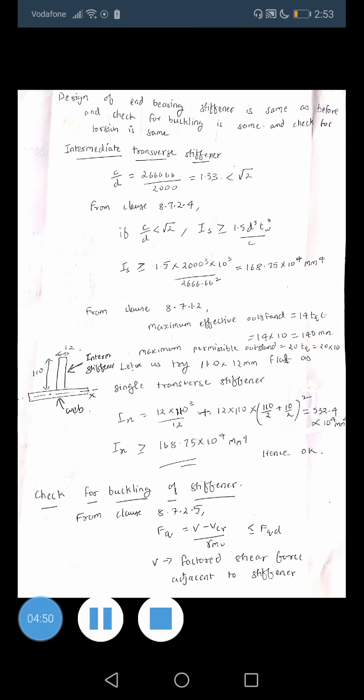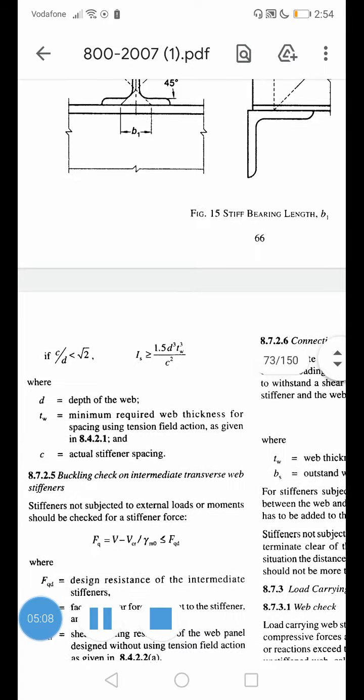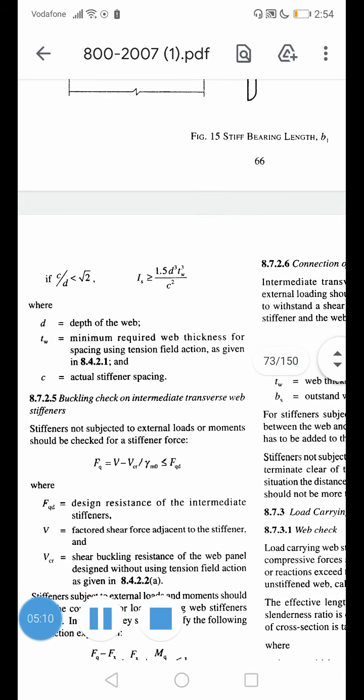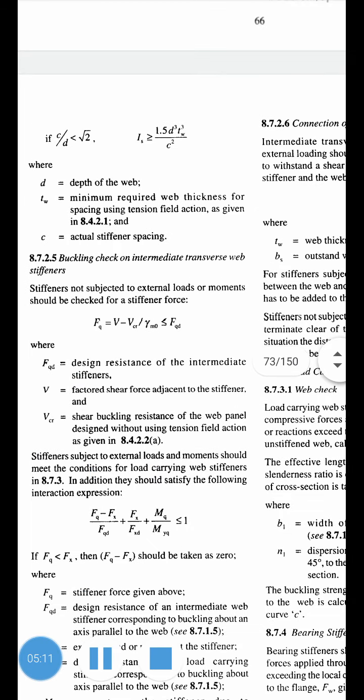Now check for web buckling of the stiffener. Now this intermediate stiffener dimension is already selected. Now we have to check whether it is safe for buckling. For that you have to use clause 8.7.2.5. You can see there is a formula for FQ. FQ equals V minus VCR by gamma m naught, less than or equal to FQD.